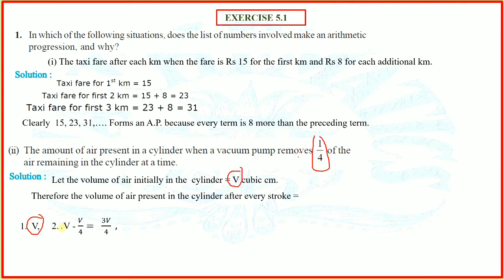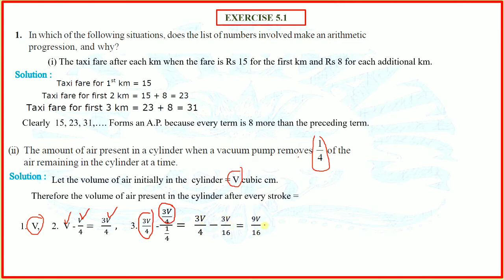In the second case the volume present minus 1/4 of it, that is 3V/4, and in the third case the volume present is 3V/4 and its 1/4 is 3V/16, so 3V/4 minus 3V/16.